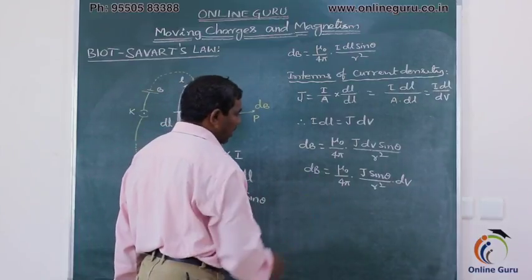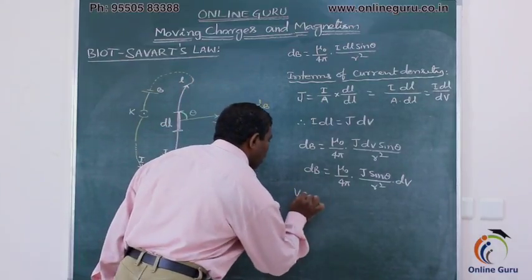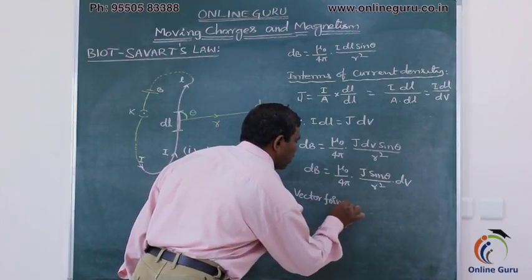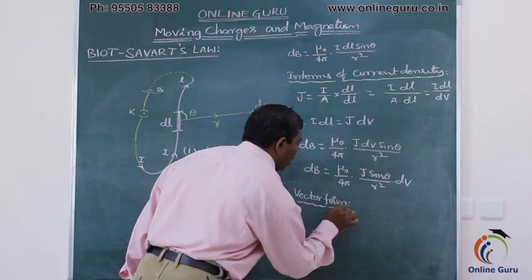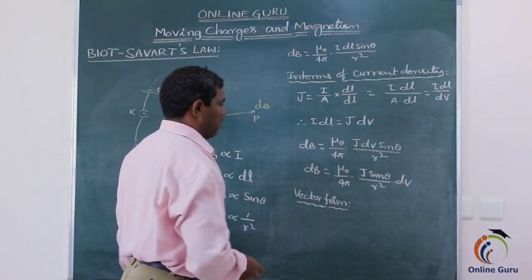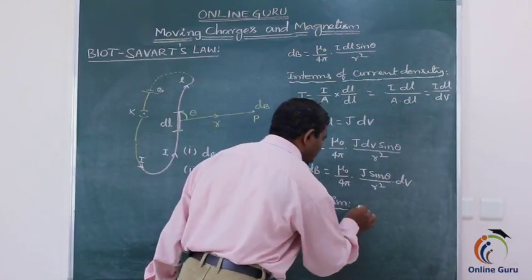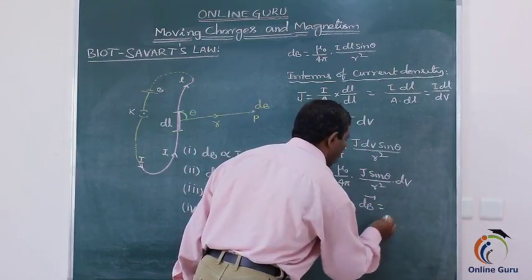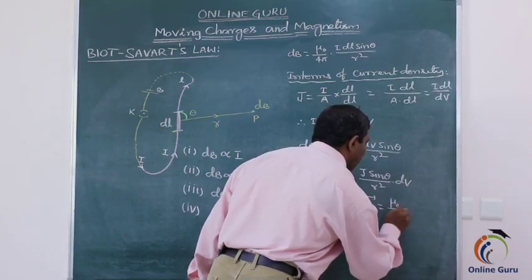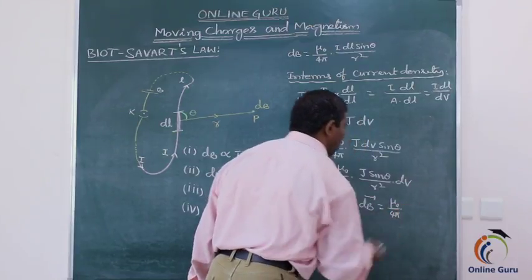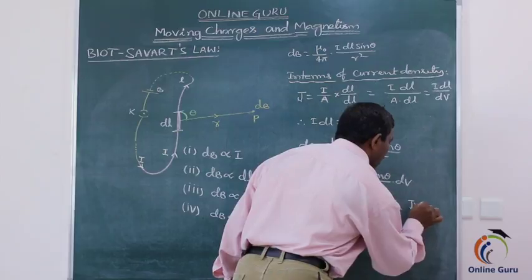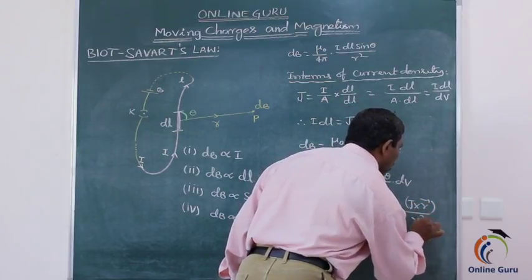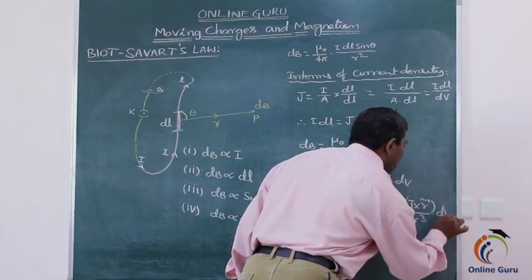This we can write in vector form. The vector form of Biot-Savart's law in terms of current density can be written as dB bar is equal to mu naught by 4 pi into J bar cross R bar divided by R cube into dV.